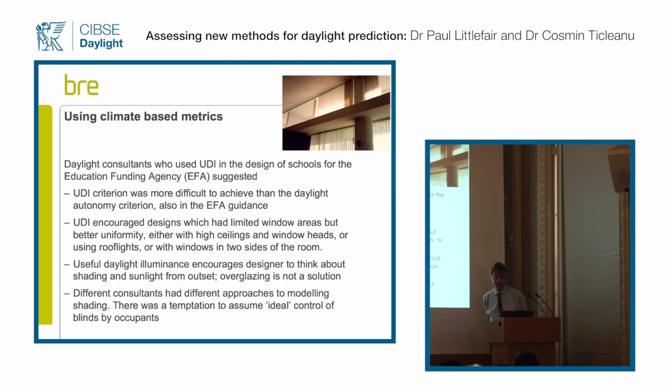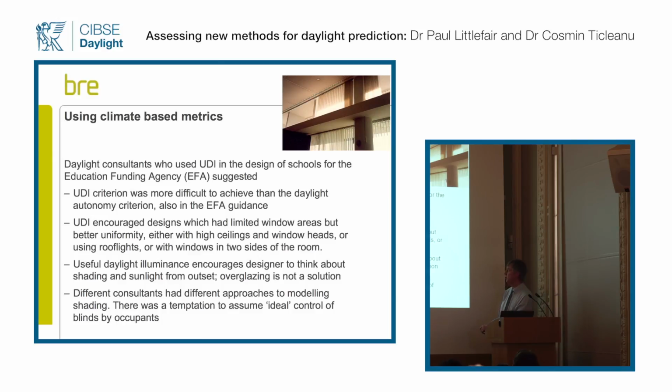Instead of just chucking glazing at a problem, which, I don't know if you're familiar with school design, but it used to have quite high recommended daylight levels, maybe 4% average daylight factor or, going back, 2% minimum daylight factor. And so there was always a temptation to have as much glazing as possible.